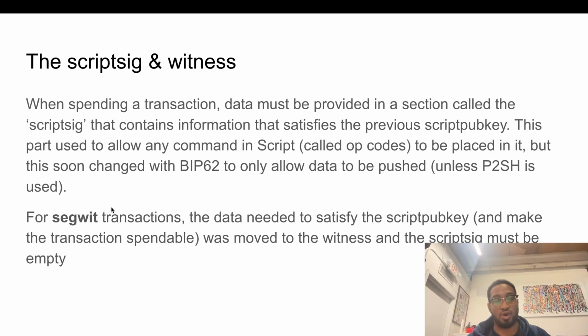But all you need to know is when you spend Bitcoin, you lock it in an output that contains a script pub key. The script pub key is an expression, a code expression that will get run when you try and spend the output. And to satisfy that code expression, you typically need to provide information either in the script sig for legacy transactions or in the witness for SegWit transactions.